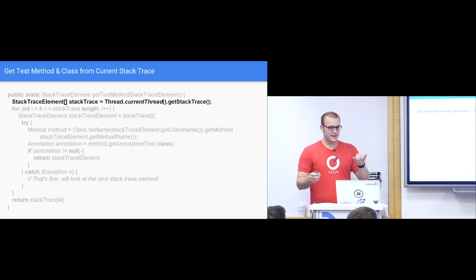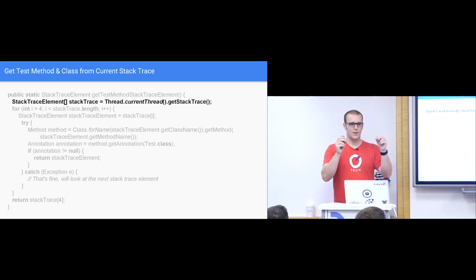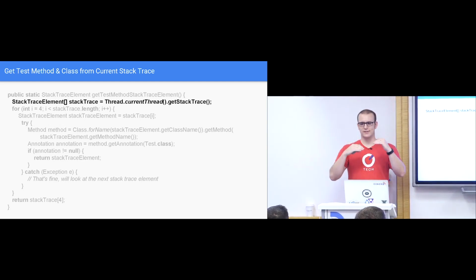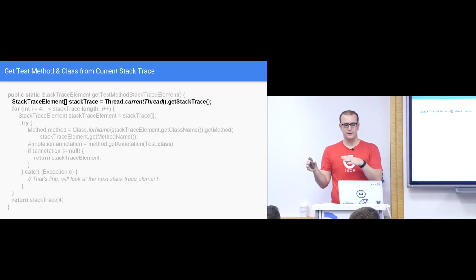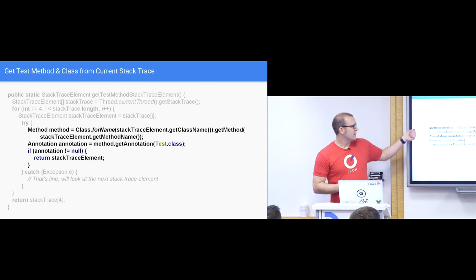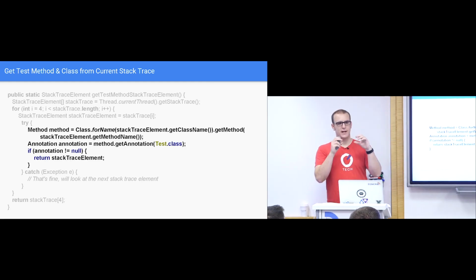The other hack is, as I was mentioning, with Spoon you have to actually be in the test method itself for it to use the hierarchy of the stack trace to figure out where to put that in the file system. So this is my hack: you grab the stack trace and traverse it back until you find a method that has the @Test annotation. All of your new JUnit 4 tests have the @Test annotation.